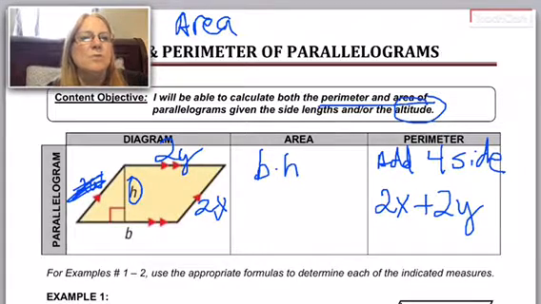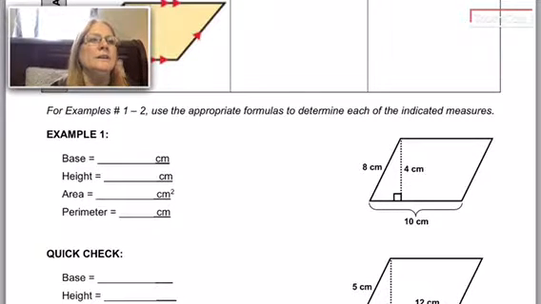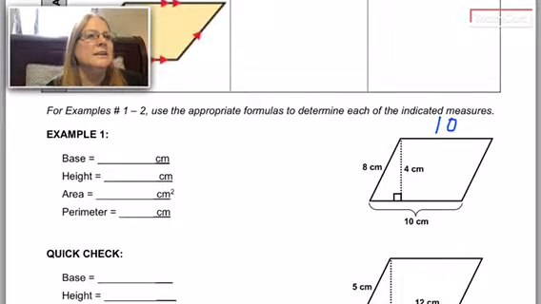Okay, let's look at example 1. Here they give us some measurements, and we know that opposite sides are the same. So if this is 10, this is 10, this is 8, this is 8, and they give us the height. The height is always drawn perpendicular.